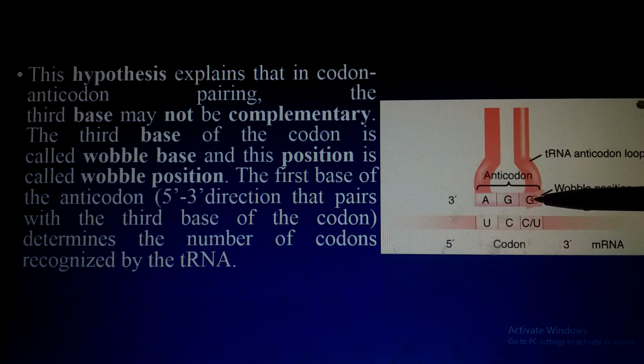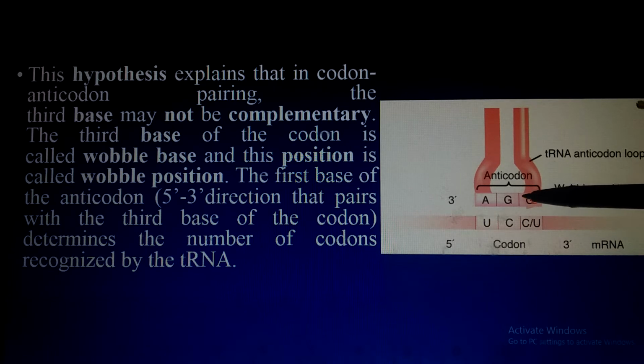Both this first base of the anticodon and the third base of the codon are not complementary with each other. So this is actually the Wobble position, or Wobble hypothesis.